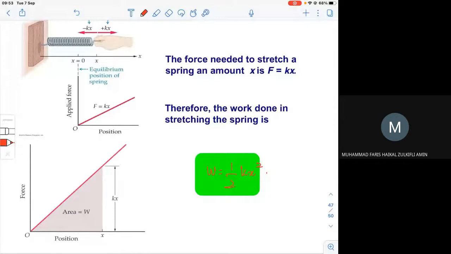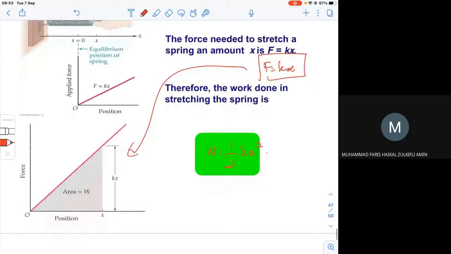If you have a force needed to stretch a spring, we have F equals kx, that is the force, and when it involves the concept of position, the work is based on half kx squared, which means from the graph of force against position, the area under the graph is given by half kx squared.